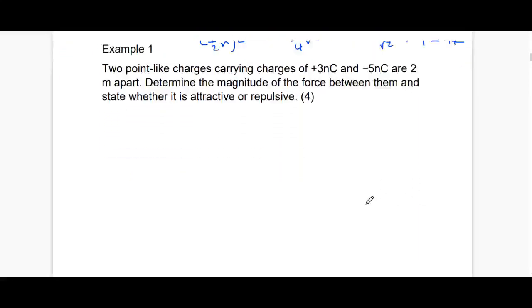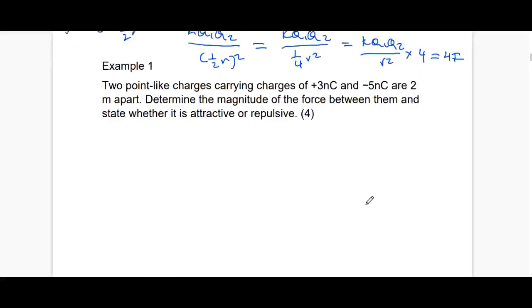Now example 1. Two point charges carrying charges of 3 nanocoulomb and minus 5 nanocoulomb are 2 meters apart. Determine the magnitude of the force between them and state whether it is attractive or repulsive.